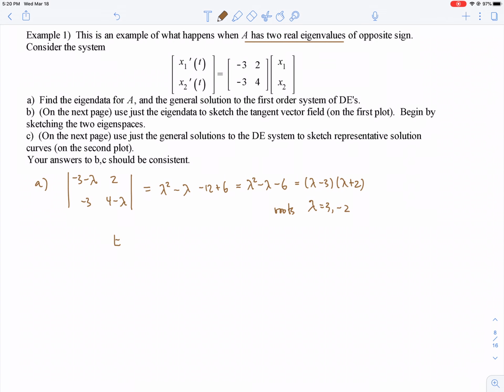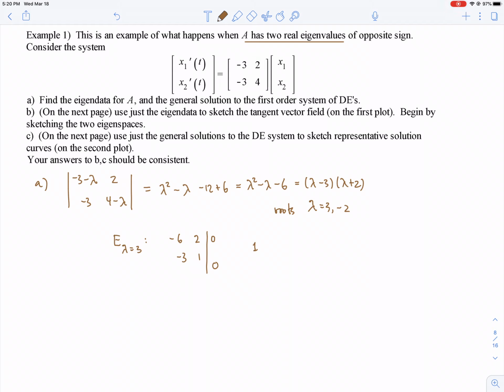And for the lambda equals 3 eigenspace, we want to solve A minus 3I times v equals 0, so that's a homogeneous problem. Substituting lambda equals 3 into A minus lambda I, I get minus 6, 2, minus 3, 1. And I see that a combination of the columns is 0. The two rows are multiples.